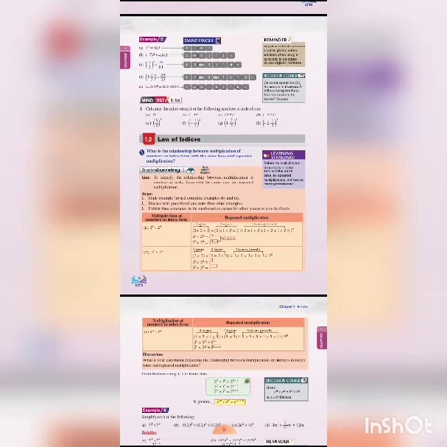This is 7 factors. And then 2 square 3 multiply 2 square 4. When multiply, it changes to plus: 2 square 3 plus 4, and then the answer is 2 square 7.